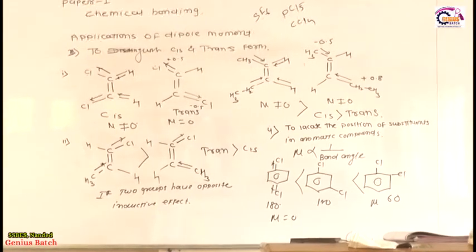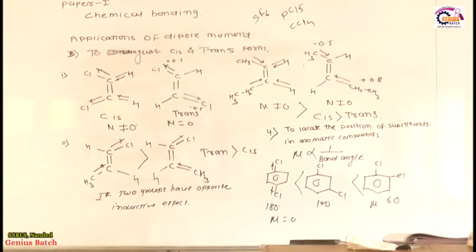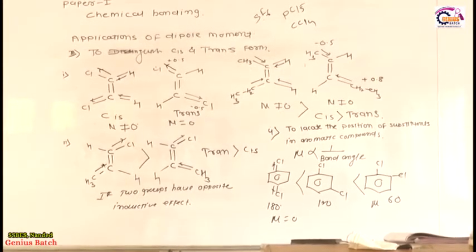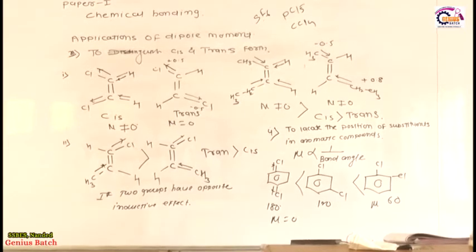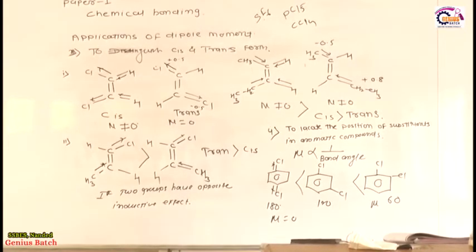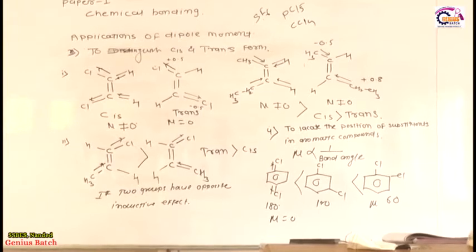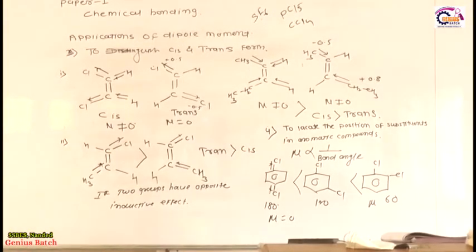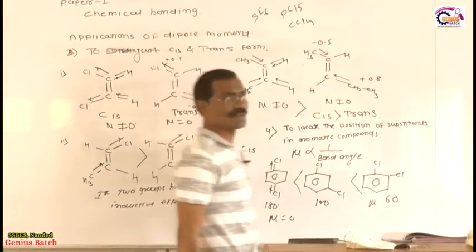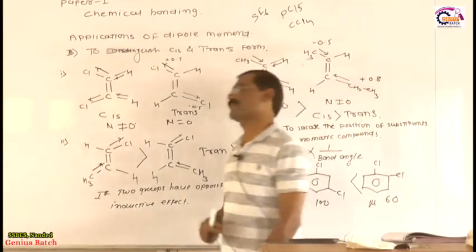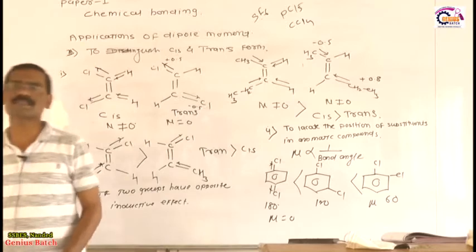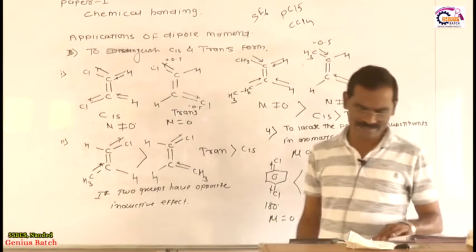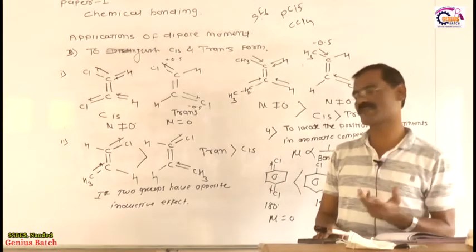After hybridization, the next point we completed was types of hybridization. Then after hybridization, a very interesting concept called the valence electron pair repulsion theory. And after valence electron pair repulsion theory, that one is dipole moment. Now the next theory is present in your syllabus.